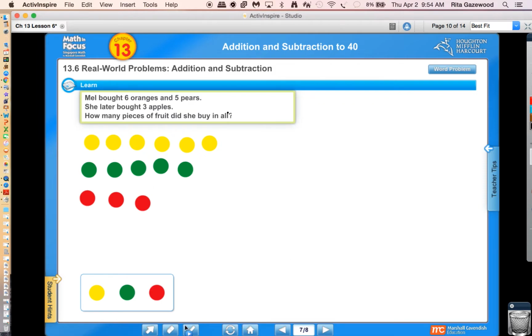We have 6 and, or plus, 5 and, or plus 3. So let's begin by adding the first 2 fruits. 6 oranges and 5 pears.